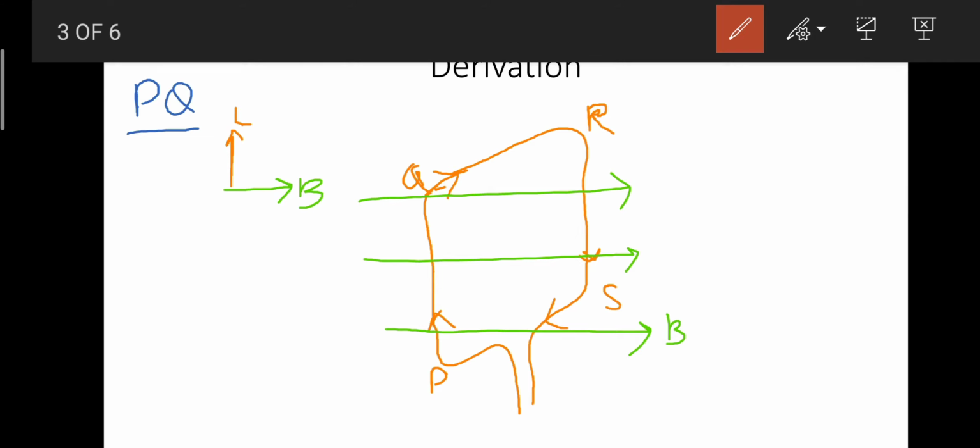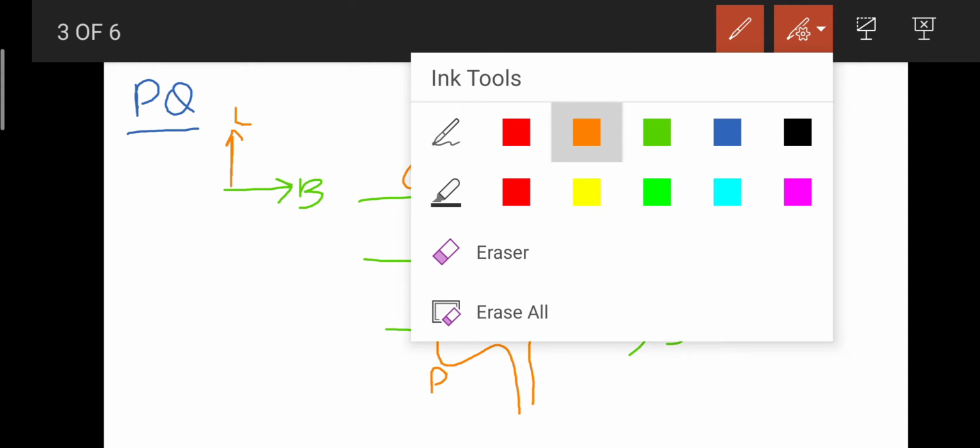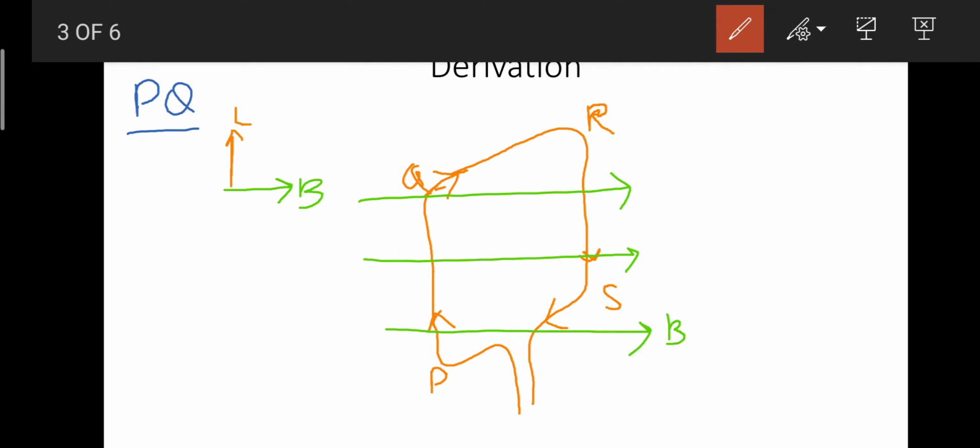Now the last thing is to determine the direction of the force. It would definitely be perpendicular to both L and B. So the force would be directed inward, that is into the page or into the screen. That's the direction of the force experienced by this side PQ of the loop.